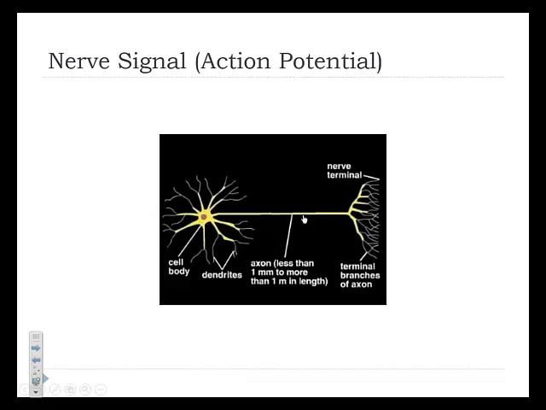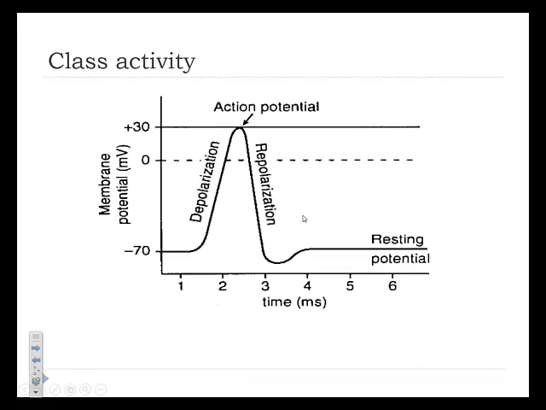When there's a stimulus that causes a change in the balance of those charges, there are two things that can happen. The first initial change we call a depolarization.